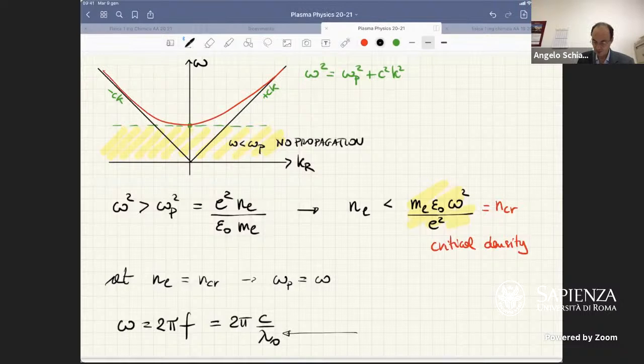So let's imagine producing some kind of radiation in vacuum away from the plasma, then the wave encounters the plasma and starts penetrating inside the plasma, going from low density to high density. It will stop at a certain density where the frequency of the wave is equal to the plasma frequency.